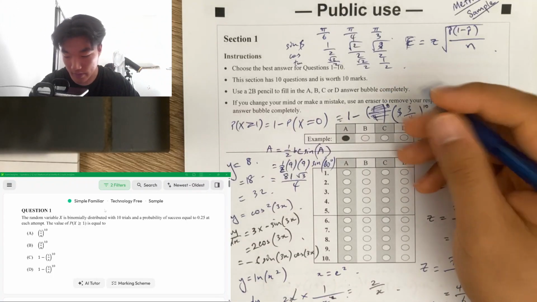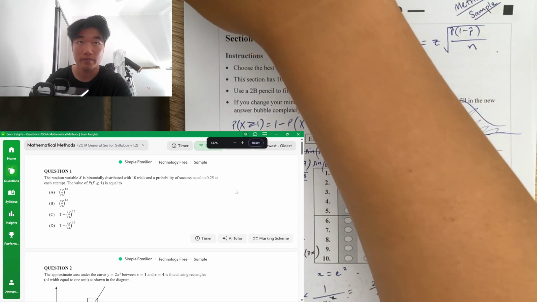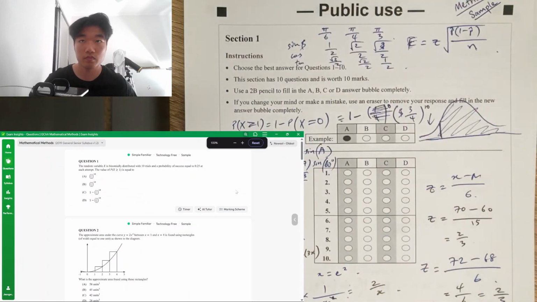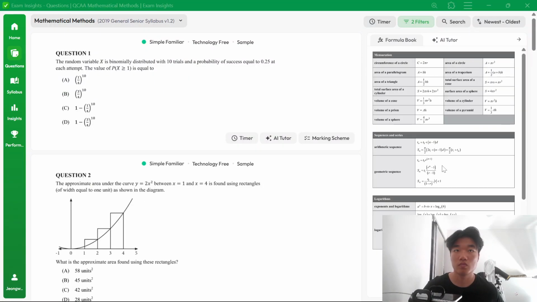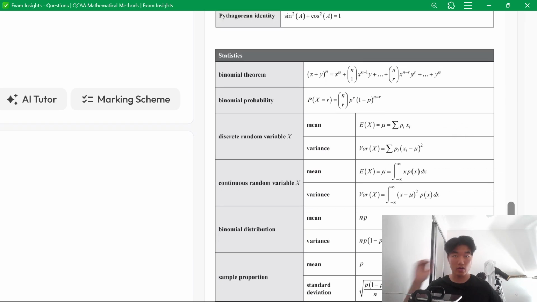So we have the binomial probability: the probability that x is equal to r equals the combination, so we're using combinatorics here. n represents the number of trials, r is how many successes we achieve, and that's multiplied by the probability of success to the power of r, and then 1 minus the probability of success to the power of n minus r.